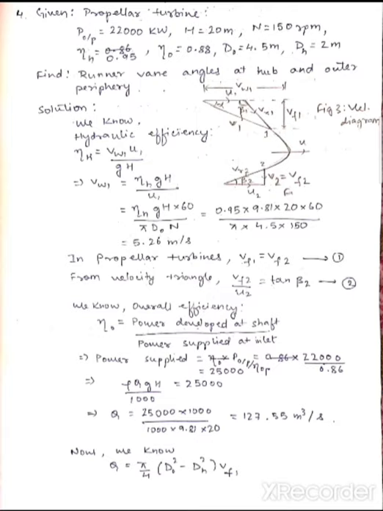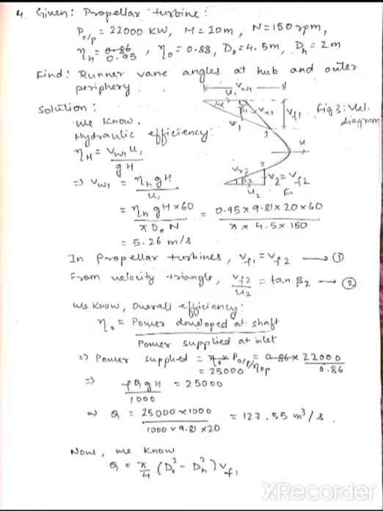Now we'll see the velocity triangle at the outlet, and see that tan of beta 2 will be equal to vf2 divided by u2. So we'll have to find out vf2 and u2. We know that overall efficiency will be equal to power developed at the shaft divided by power supplied at inlet. So power supplied at inlet will be equal to power developed at the shaft divided by overall efficiency.